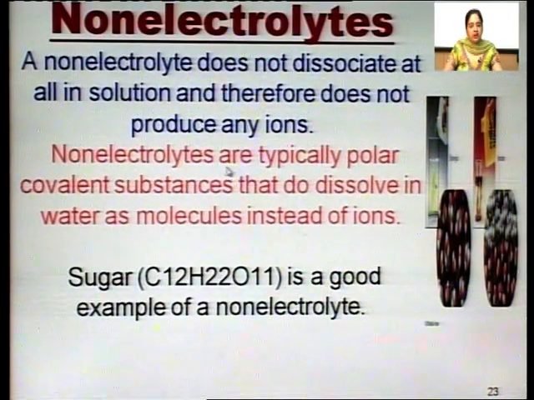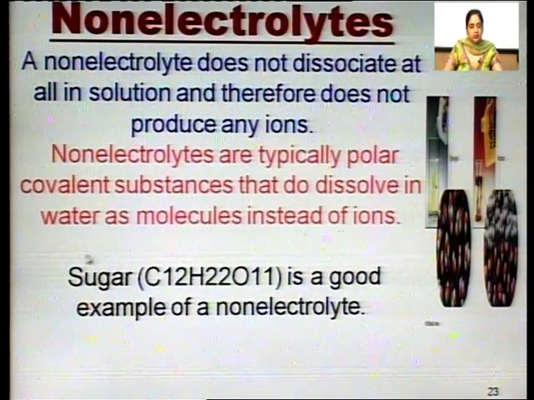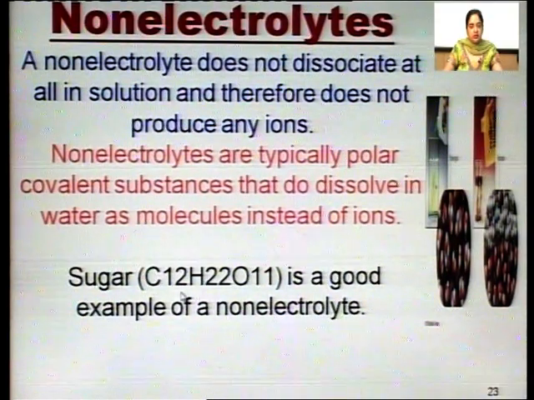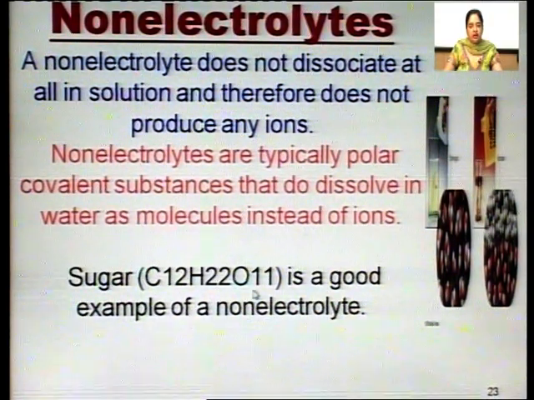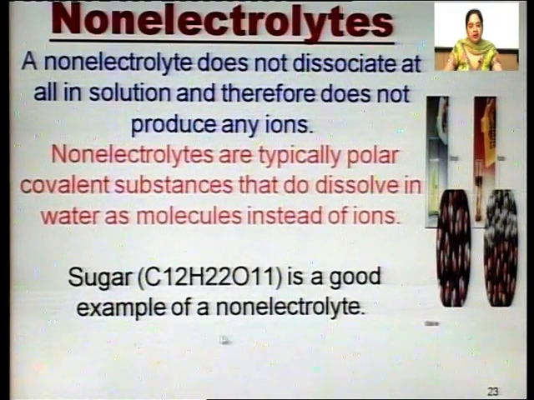Non-electrolytes are typically polar covalent substances that dissolve in water as molecules instead of ions. For example, sugar, its formula is C12H22O11, is a good example of a non-electrolyte.